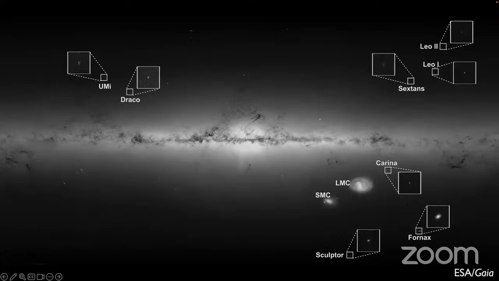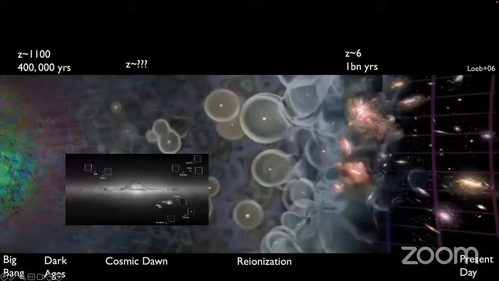One of the key goals of JWST is to find these kind of very small dwarf galaxies at the very highest redshifts. So here I'm showing you a summary of the history of the universe. And the area of interest is these redshifts about 6-ish that were previously hidden from us prior to JWST flying.